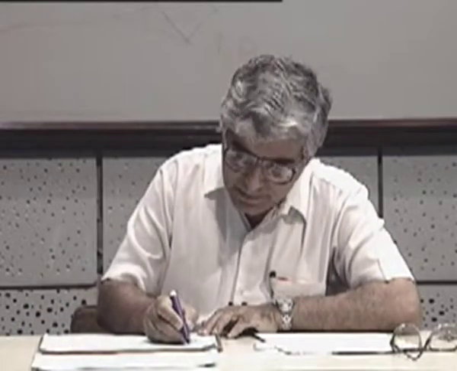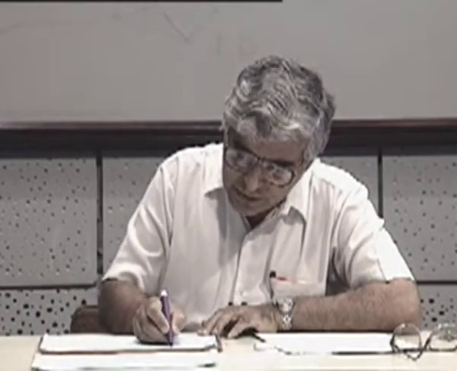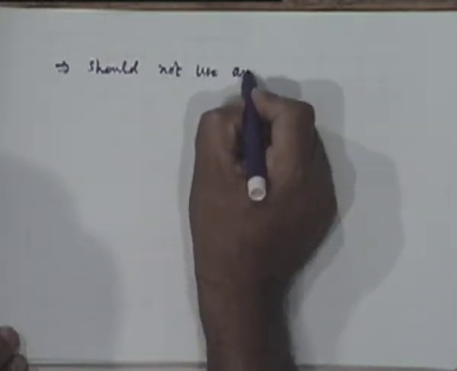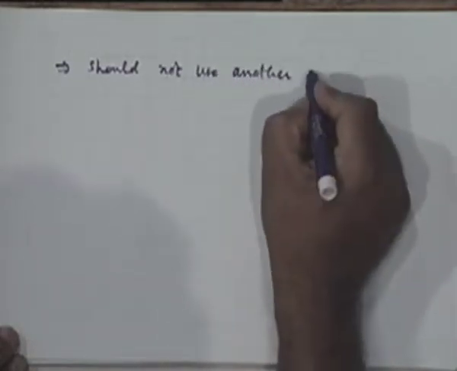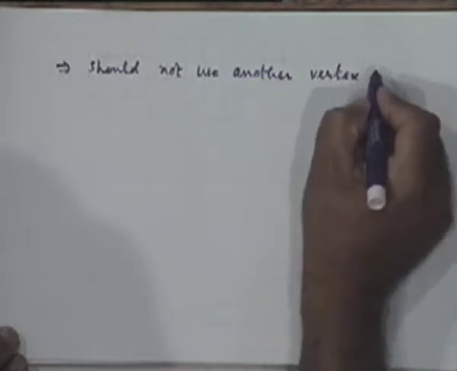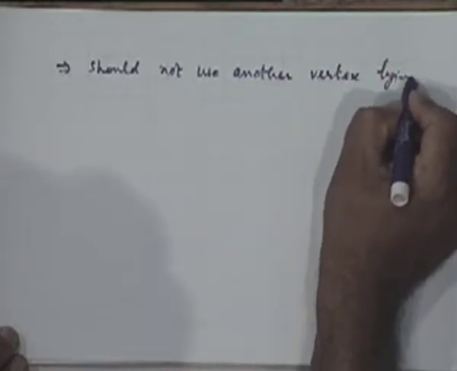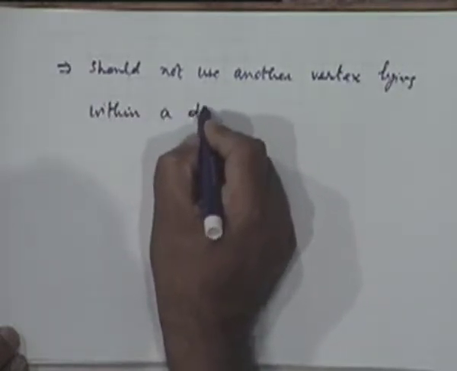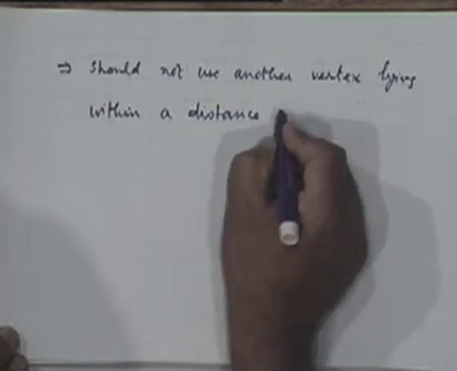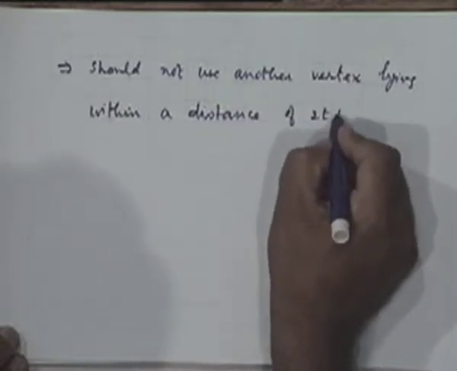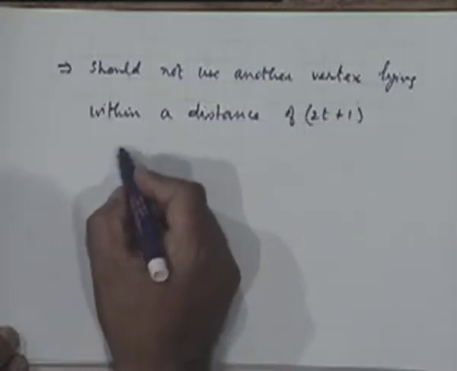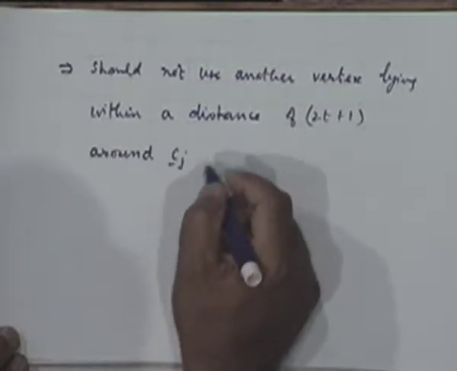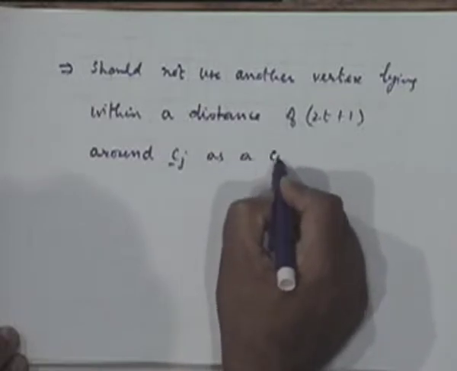So it implies that we should not use another vertex lying within a distance of 2t around Cj as a code word.